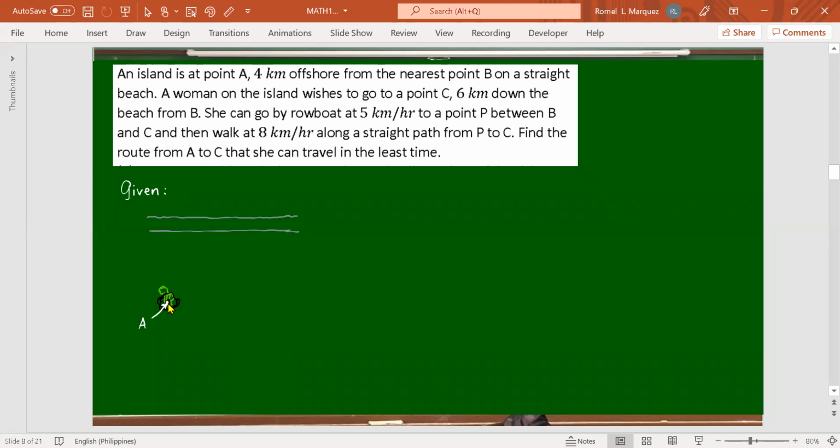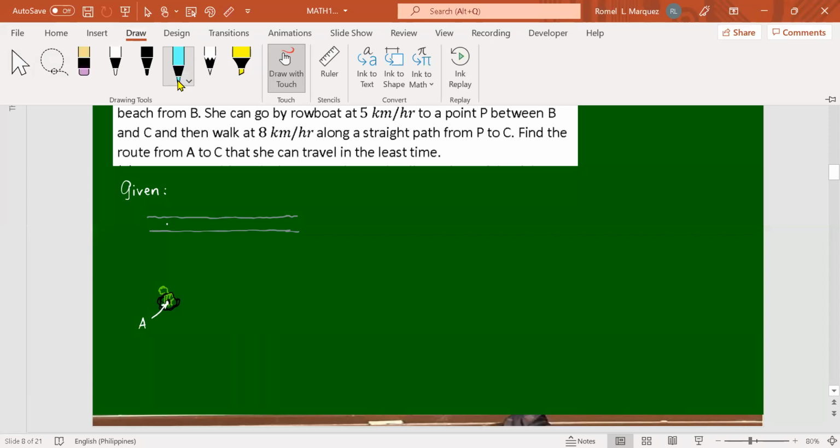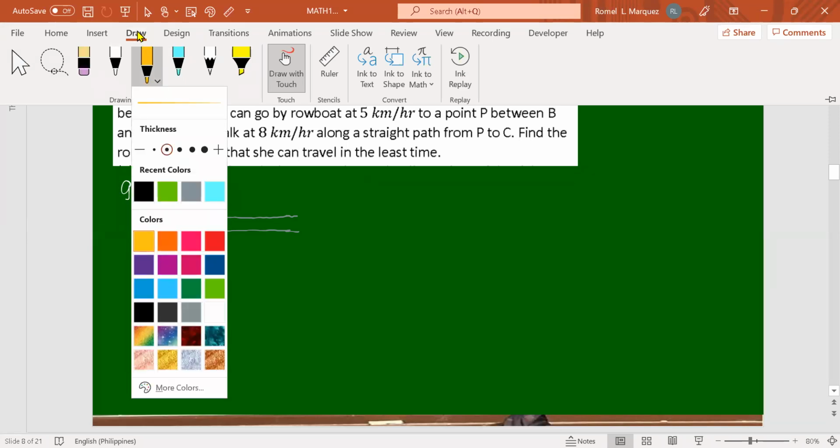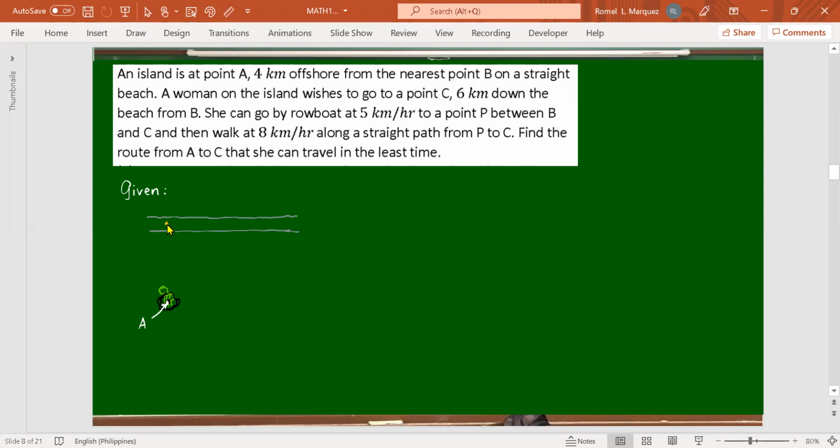Nearest, so the one that is perpendicular, because if you have a point that is straight but not nearest, it is not the one. Am I correct, children of the Philippines? Guys? So this is point B.